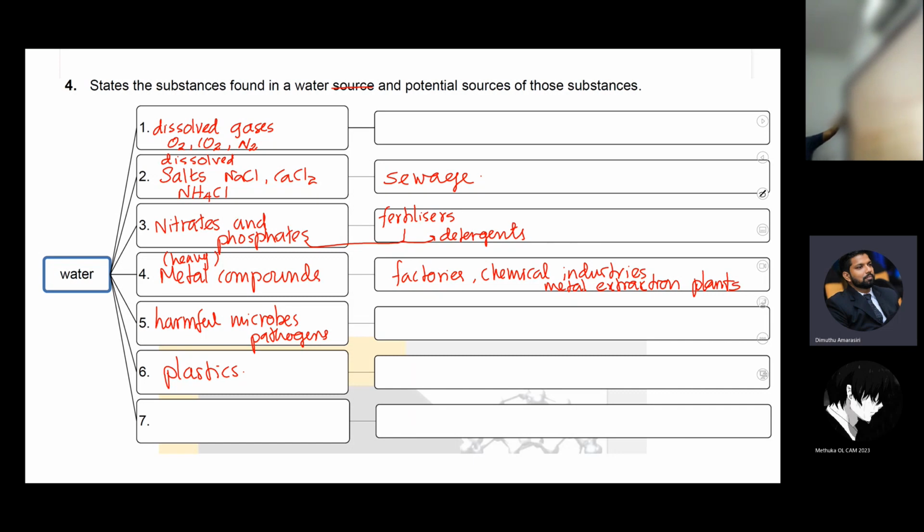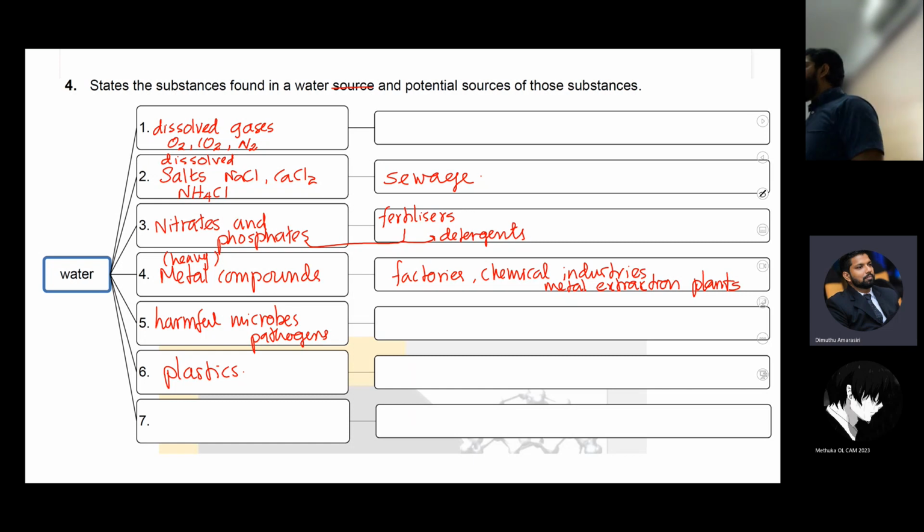Definitely nitrates and phosphates are good for plants, but not for animals. The plants use them as fertilizers. So when you write the benefit, focus mainly on humans and animals. Definitely plastic, microbes, pathogens, heavy metal compounds are not good, right?